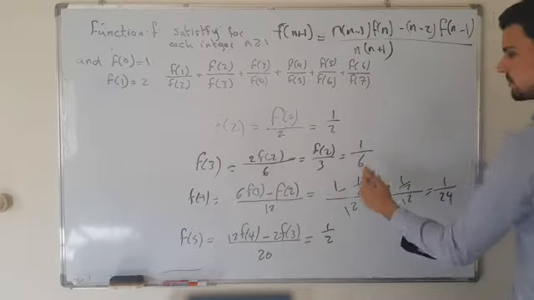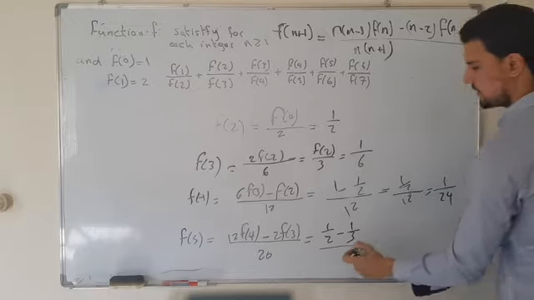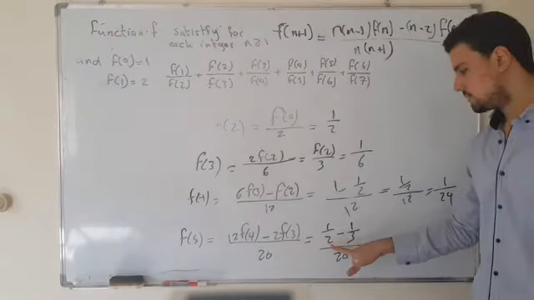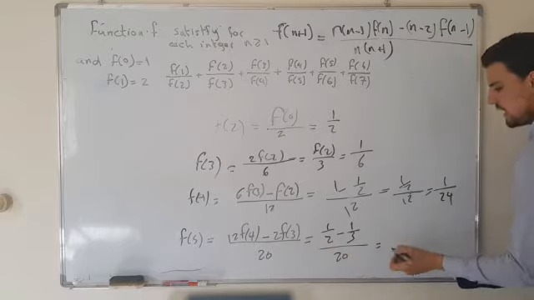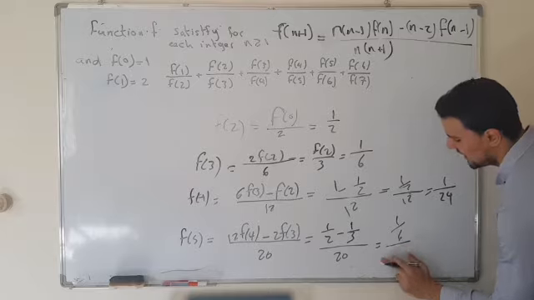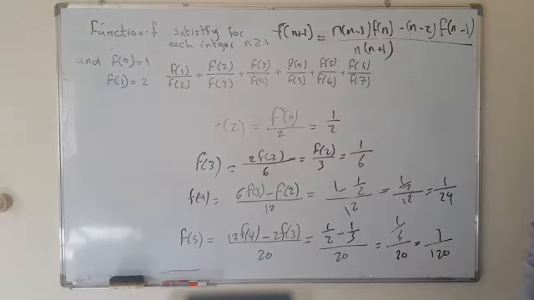Now 2 multiplied by f3 is a third. Now 1/2 minus a third, over 20. Now, I'm sure that you know that a half minus a third is 1/6. 1/6 over 20 equals 1 over 120.